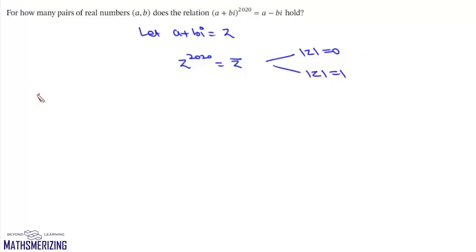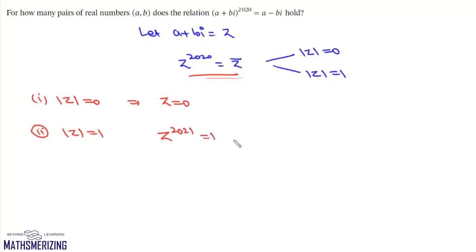Now we take this first case when mod of z is 0, we'll get the only solution, which is z equals 0. And if we consider the second case that mod of z equals 1, what we'll do is multiply by z on both sides. We'll write z^2021 equals 1, that is z is 1^(1/2021), which is the 2021st roots of unity.